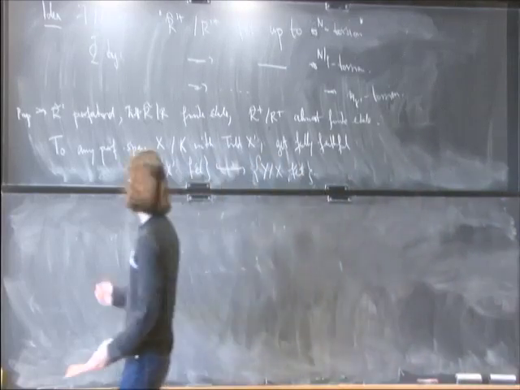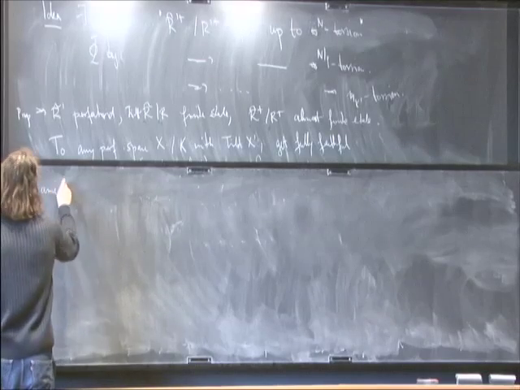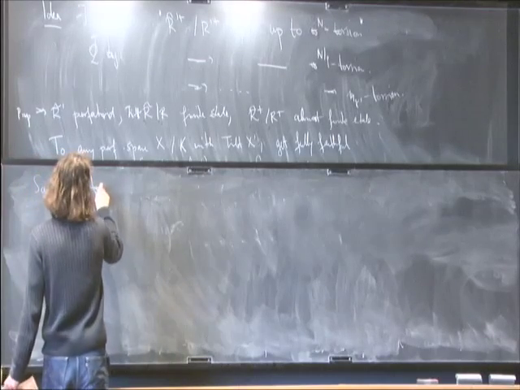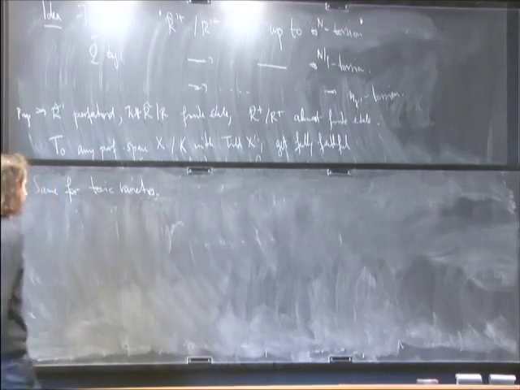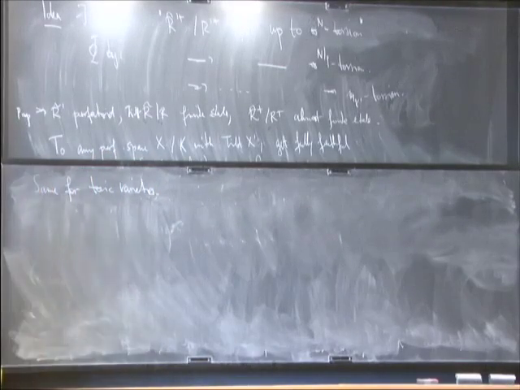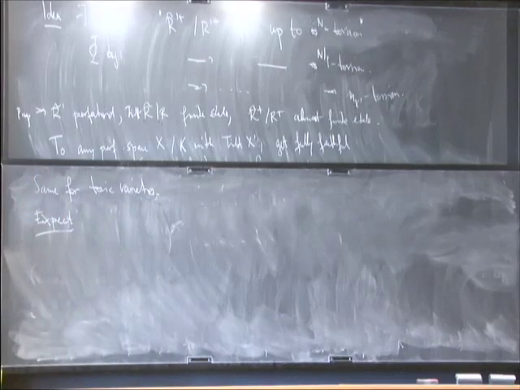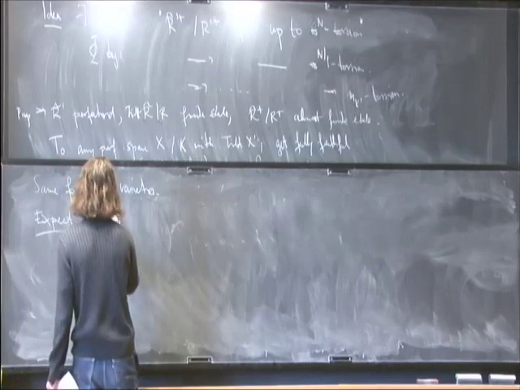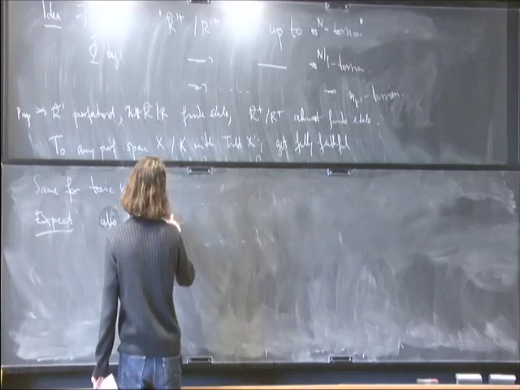So the same works for toric varieties. And so I expect that it also works for ordinary abelian varieties.